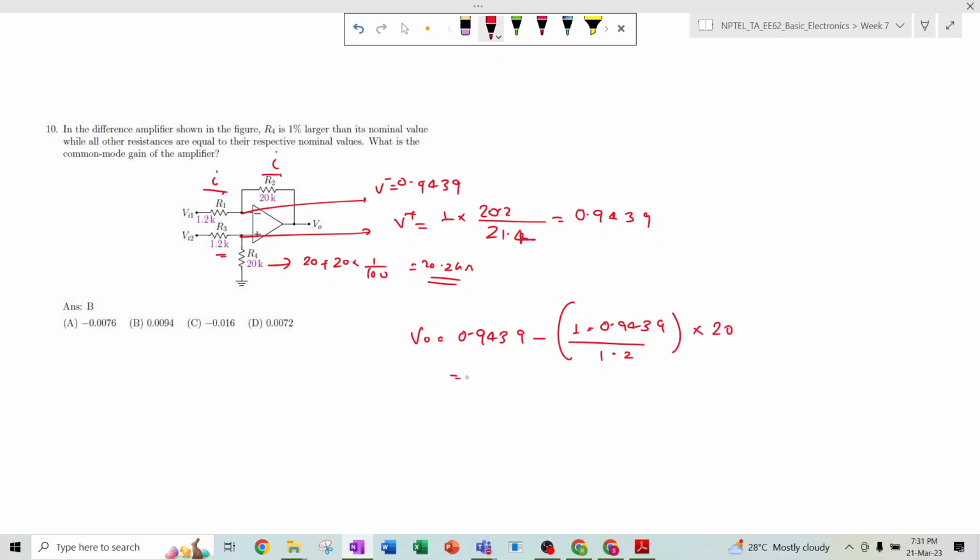So what is the answer? 1 minus 0.9439, divided by 1.2, multiplied with 20, this thing.